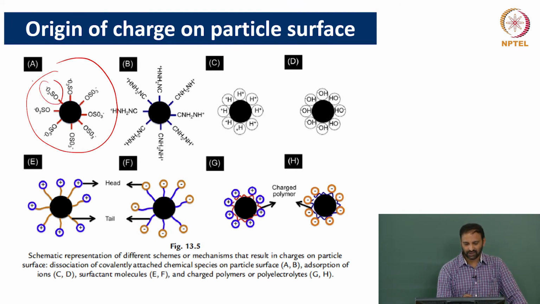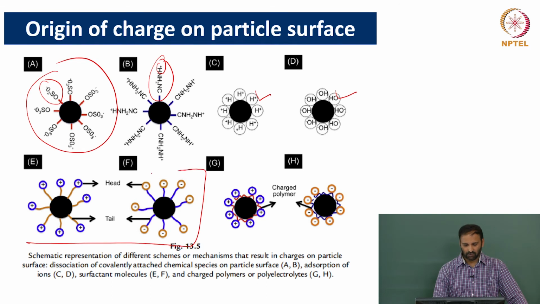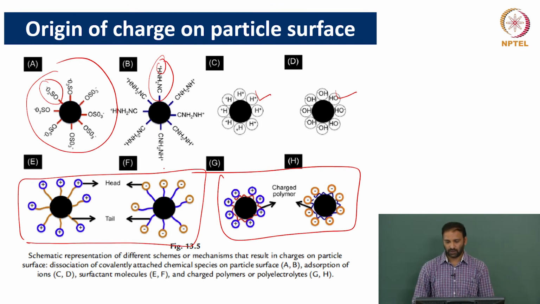Okay, that gives a negative charge, and you have an NH2, NH plus group here, right? That gives a positive charge on the particle surface. This is a case where there's adsorption of H plus or OH minus ions, which can make the particle positively or negatively charged, or the surfactant molecules are adsorbed, or the charged polymers are adsorbed. Okay, so you can think about these different ways by which the particles can acquire a charge.